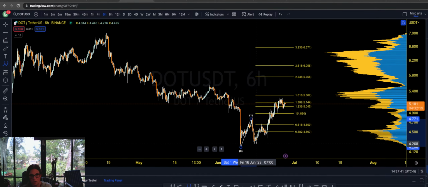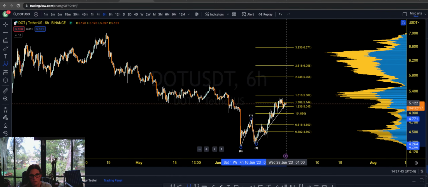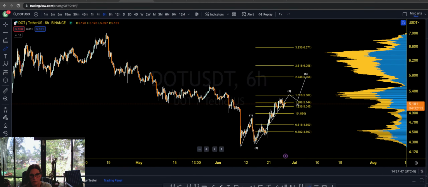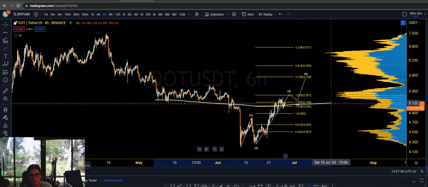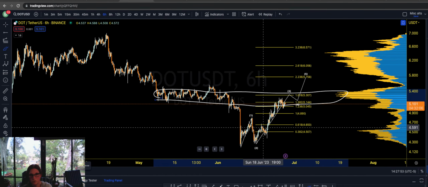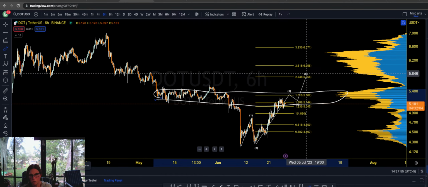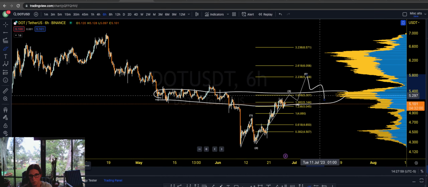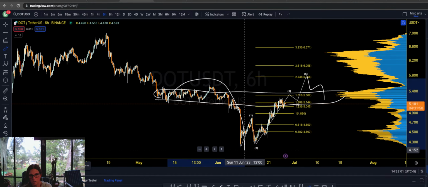So it needs to finish. Okay. Get up and above this. See this? So if this finishes, we want to see a V-shaped recovery where it pulls back and flips this to support, where we get this.